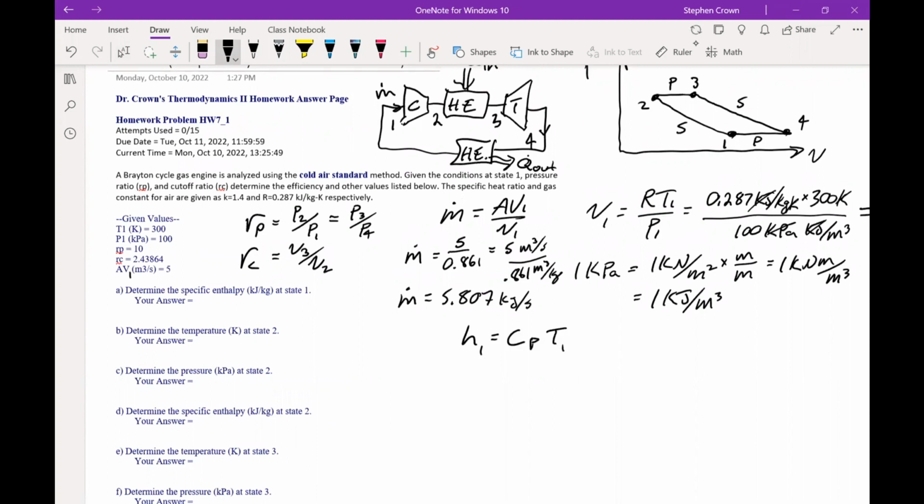So it's state one, and I'm assuming that CP equals 1.0045 kilojoule per kilogram K. That is at 300 K. So I'm going to use a constant value at 300 K. That's by definition for cold air standard. So my temperature is 300, 1.0045 times 300. You get 301.35.